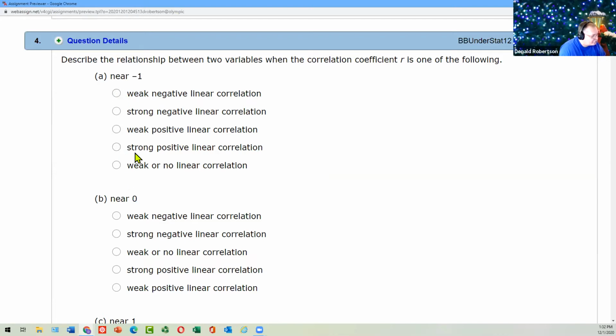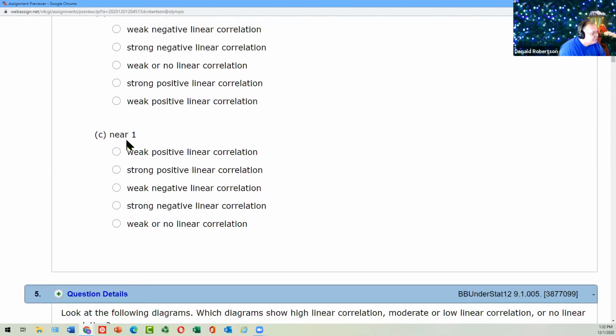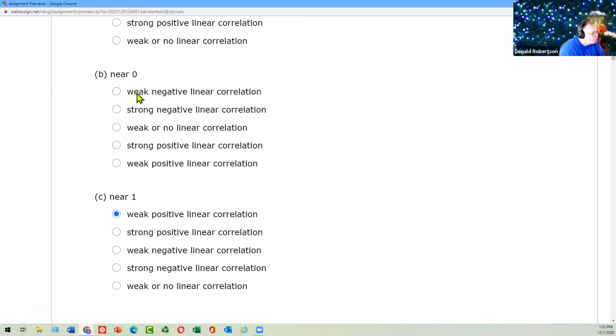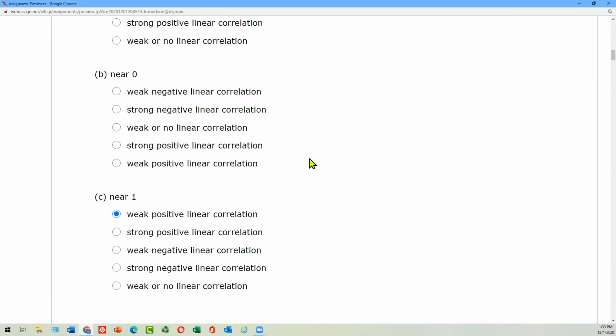Well, I describe it as strong, but because it's near to -1, I would describe it as strong negative linear. And if it was near to +1, it would be strong linear and positive. And if it was almost 0, which of those 5 dots would you pick? The third one. Agreed.